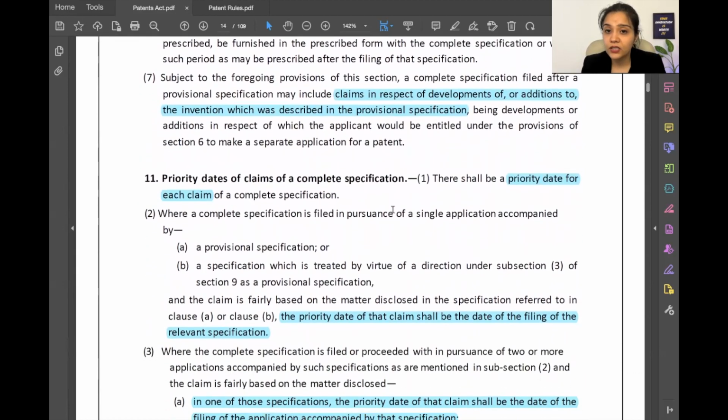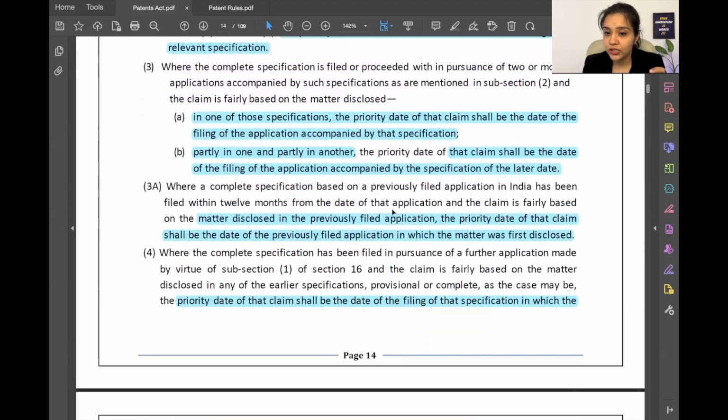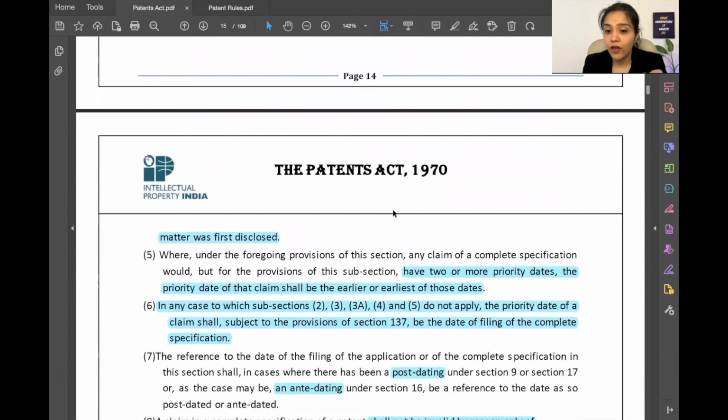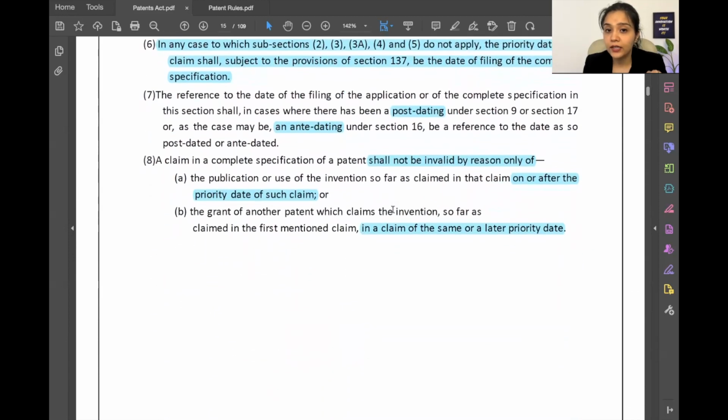So whenever there is a case of post-dating or there is a case of antedating. What is antedating? Antedating under section 16. I think in one of the interviews or in one of the objective questions of the Patent Act, there was a question on antedating. So antedating simply means when you are dividing the application, you are claiming priority date from an earlier date.